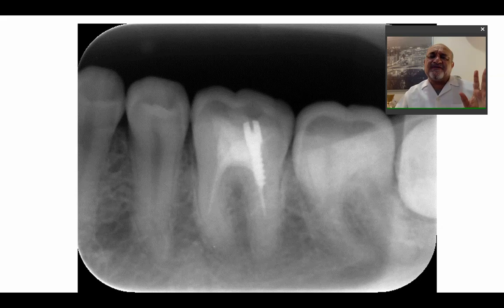The mental foramen is actually a strange structure in terms of location, size, and position. Sometimes you will find it in between the apices of the lower premolars.